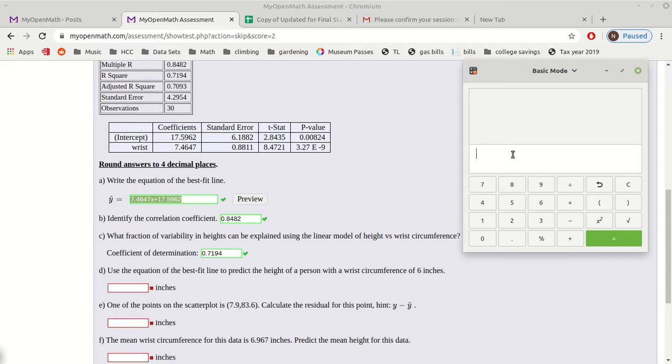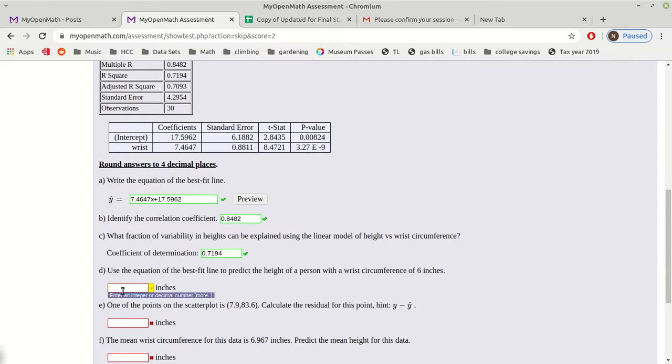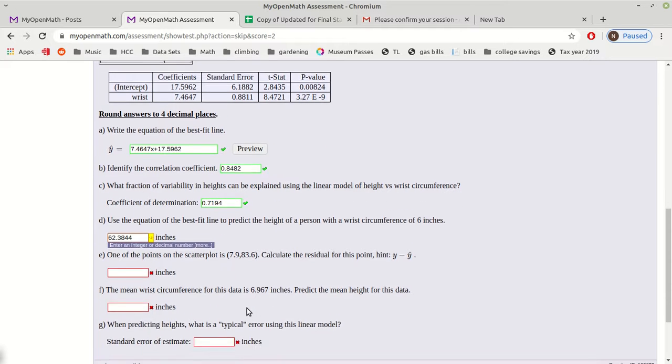I'm just going to type out the whole thing there. 7.4647 times 6 plus 17.5962. And it says 62.3844. So that's how tall that person would be if their wrist circumference is 6 inches. It's pretty tall. It's taller than I am.